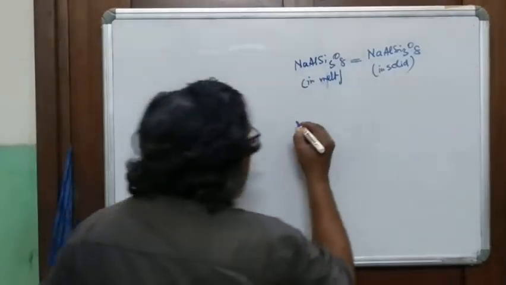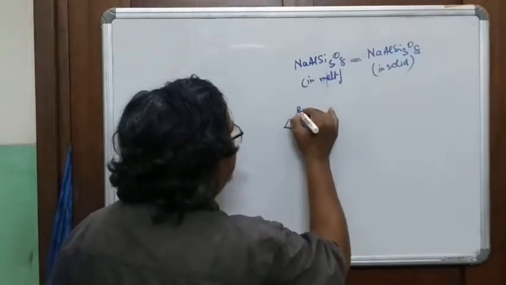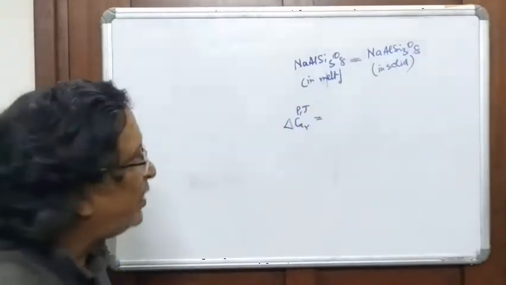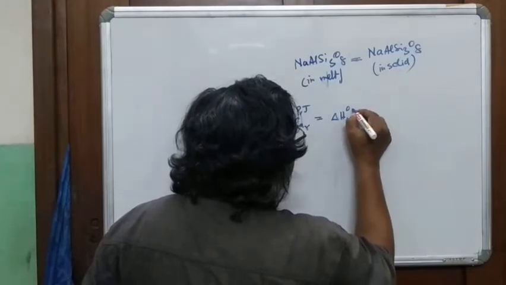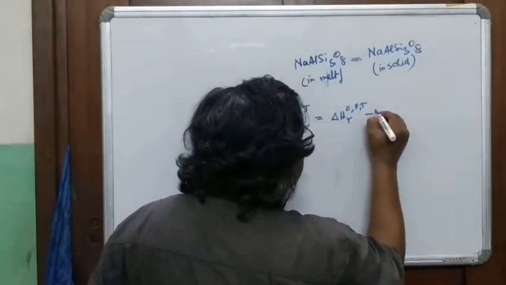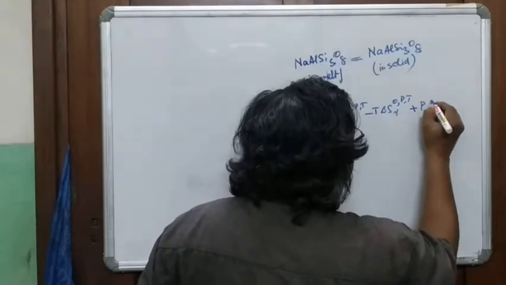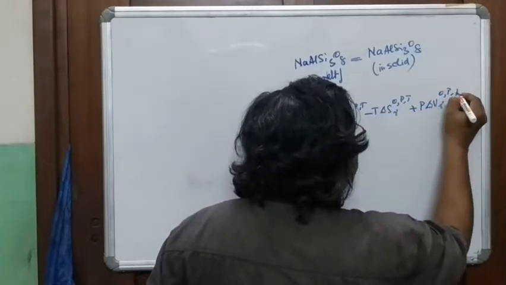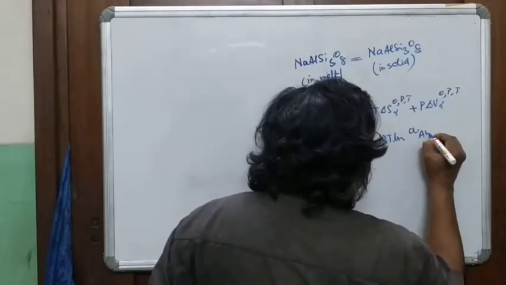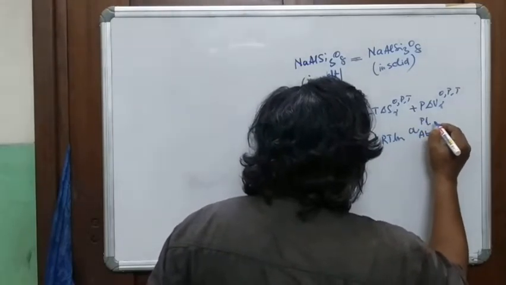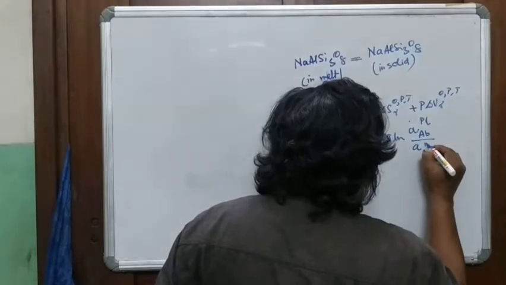If you do this, then delta G of the reaction at a particular pressure and temperature, I'm now ignoring this because you know what it means, can be written as delta H R 0 at pressure temperature, minus T delta S R 0 at pressure temperature, plus P delta V R 0 at pressure temperature, plus RT ln activity of albite in plagioclase divided by activity of albite in melt.